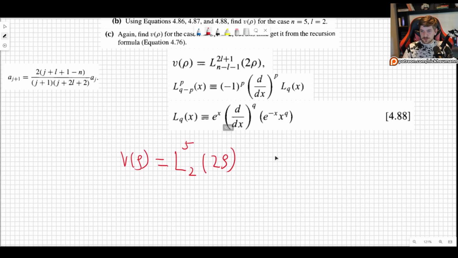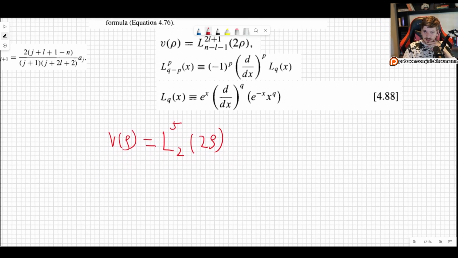Okay, and then let's calculate the associated Laguerre polynomial for p, which is 5, and then keep in mind, q minus p is equal to 2, but we know that p is equal to 5, right? That thing right there is p. So p here is 5, so that means, of course, that q is equal to 7.